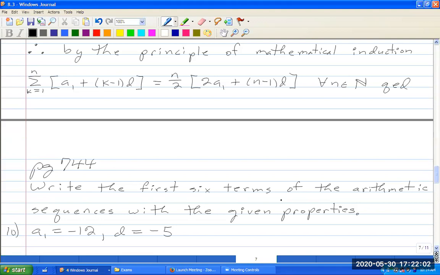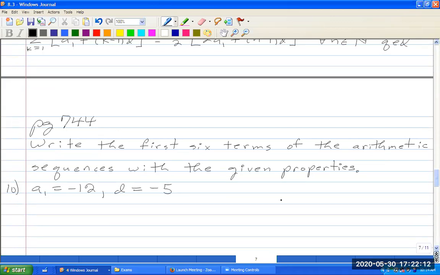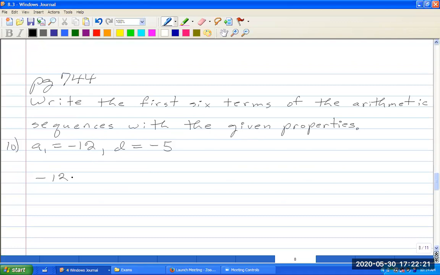On page 744, write the first 6 terms of the arithmetic sequence with the given properties. A sub 1 is negative 12, and d is negative 5. So the first term is negative 12, and then I keep subtracting 5.